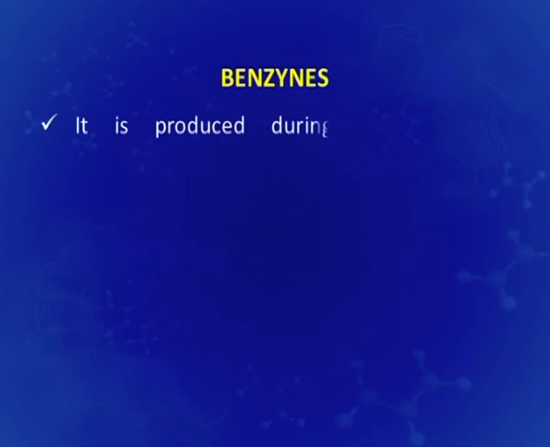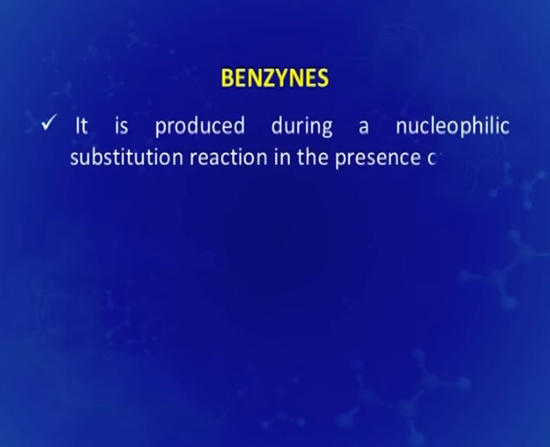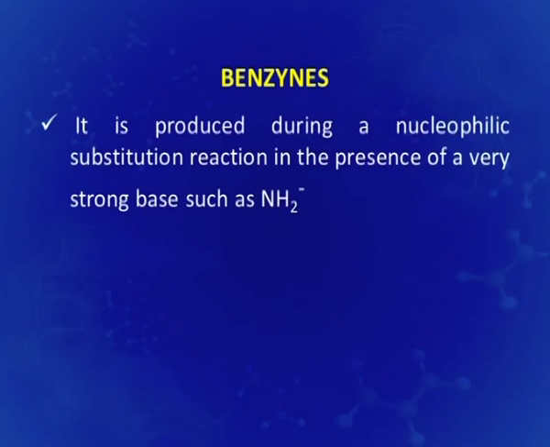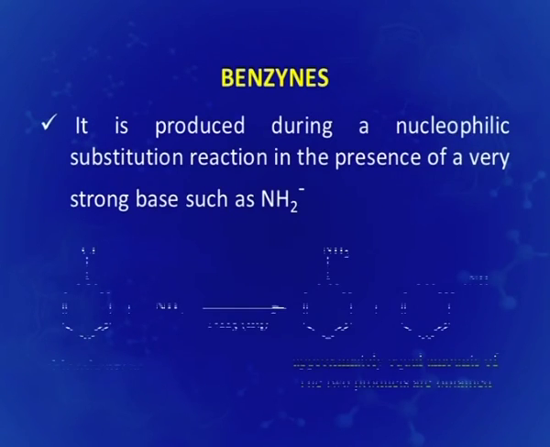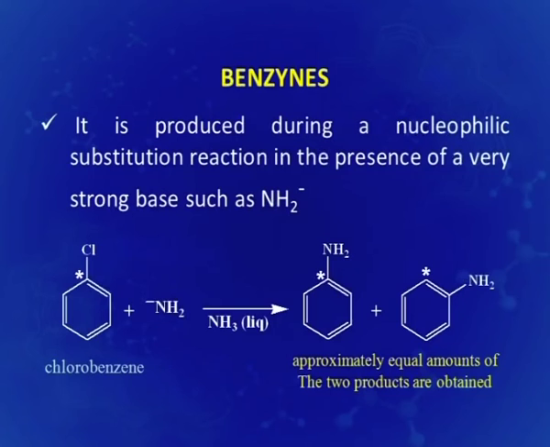And benzyne is produced during a nucleophilic substitution reaction in the presence of a very strong base such as NH2-. You will be reading about this when we study the aromatic substitution reactions. For example, the reaction of chlorobenzene in presence of an amide gives rise to benzyne and then the further products. Here is the benzyne intermediate which is involved.